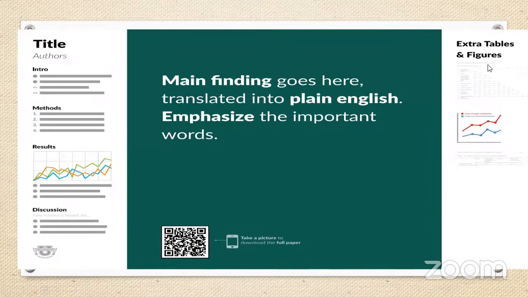Here we find the ammo bar with the extra tables and figures. If someone has already read your core finding and your silent presenter bar and is interested to know more about your research, you can write everything nice to know in here in the ammo bar.